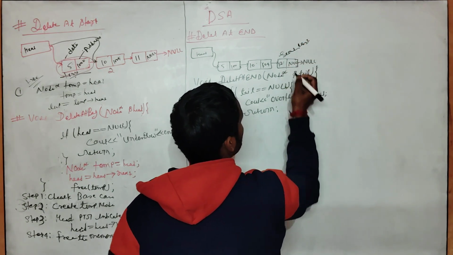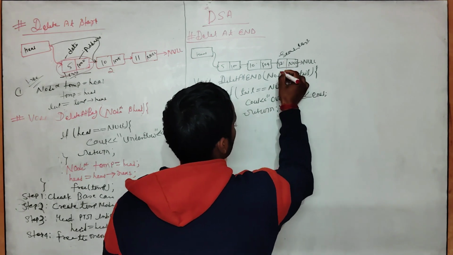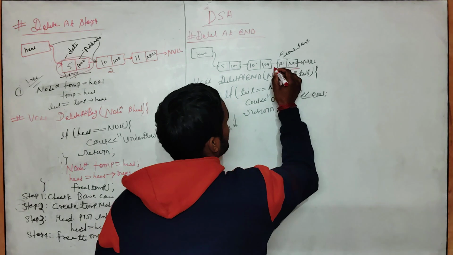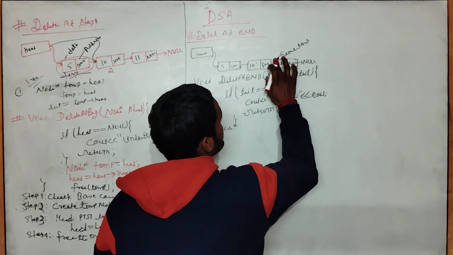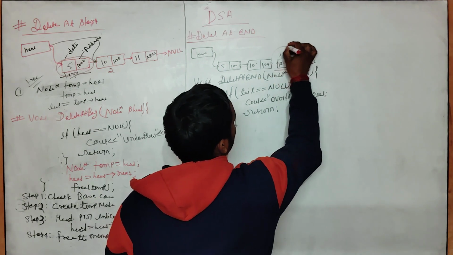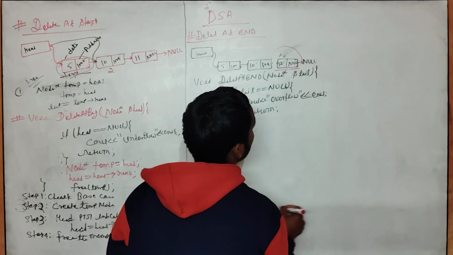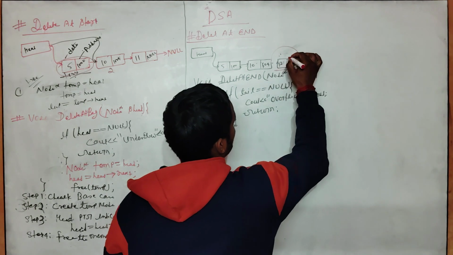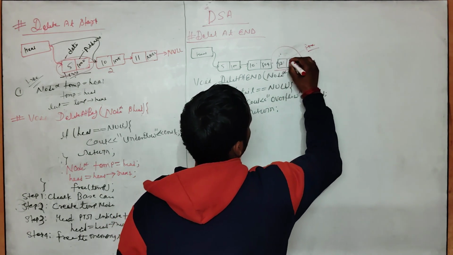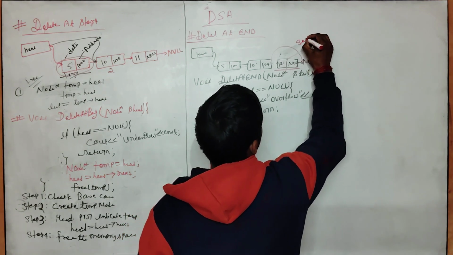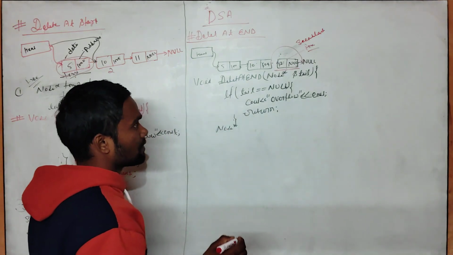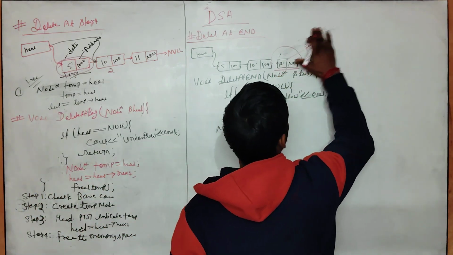I want to delete this node, and what we will do here, this pointer will be removed, and we will indicate this node, and it will be freed. Next time we will free this space. This node's name is second last.